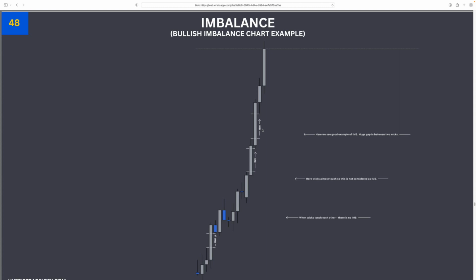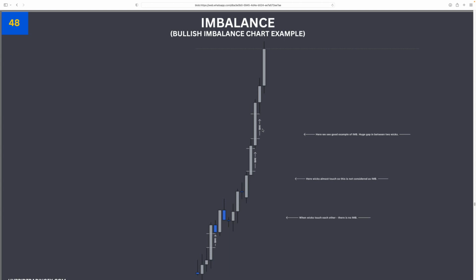Basically, this concept is used for a lot of things. You can use imbalance for direction. Let's say you have imbalance left behind, you have some kind of price action, and maybe a trade. If you want to buy and above you see that price has left imbalance, you have a little bit more confidence in your trade, because you know that price action tends to fill that imbalance, and if you execute your trade right there, the price is most likely going to head in your direction because there is imbalance left behind.